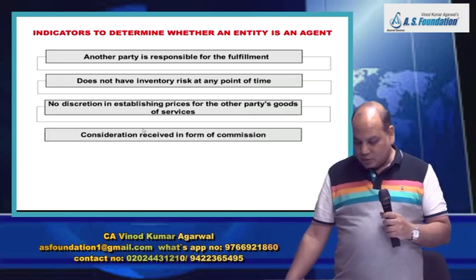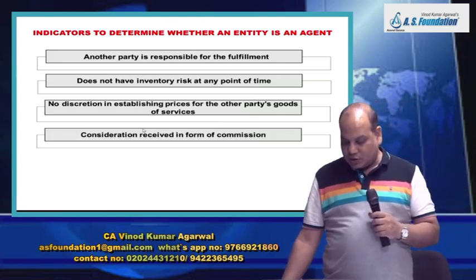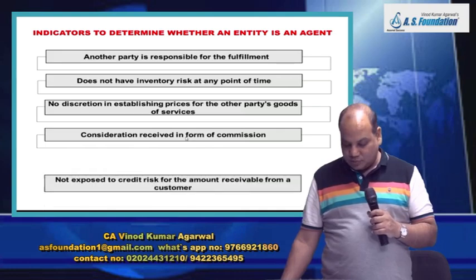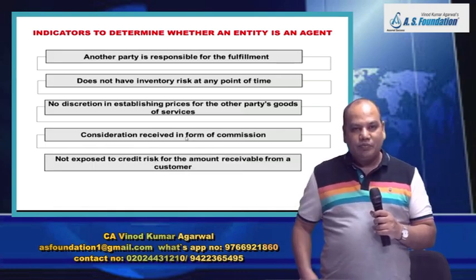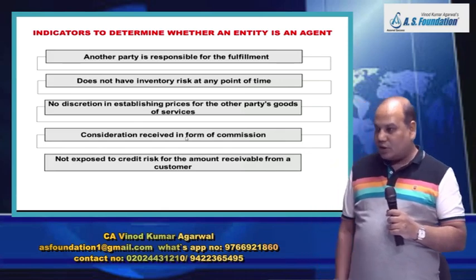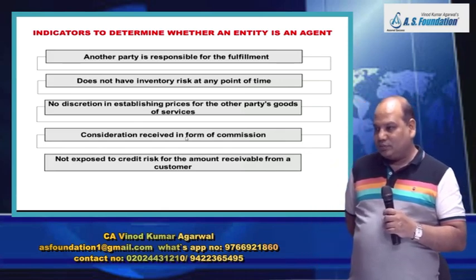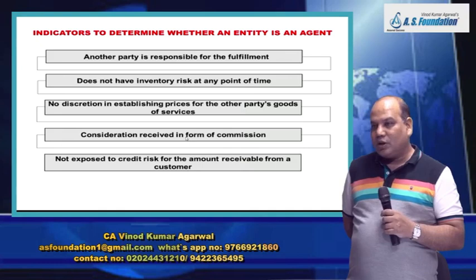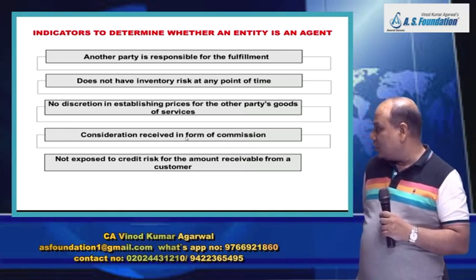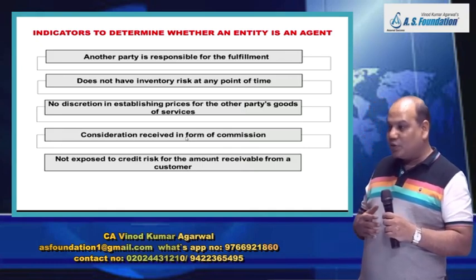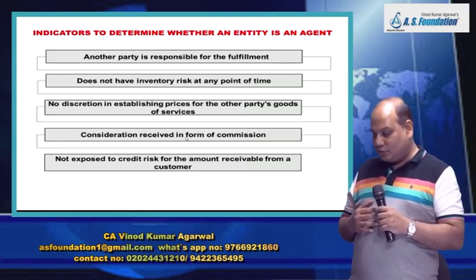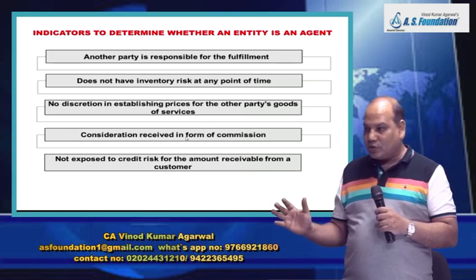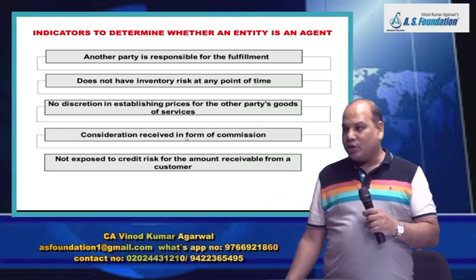Next is, an agent receives consideration in the form of commission. And another indicator of an agent is that he does not take credit risk. What is credit risk? Credit risk means you have the responsibility of collecting the amount from the customer. If the customer doesn't pay, you suffer the loss. Agents normally do not have credit risk.